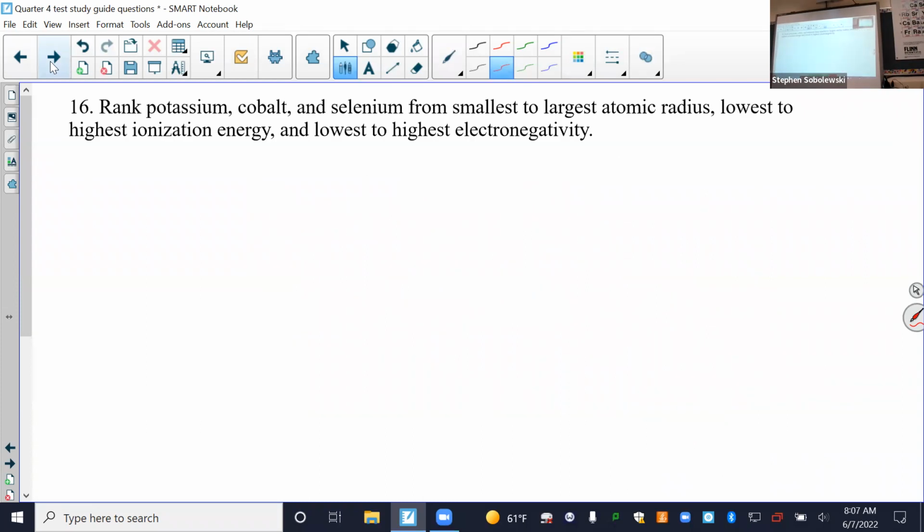Question 16. All right, so we have trends on the periodic table. So the first trend we're looking at is potassium, cobalt, and selenium. So potassium is number 19, cobalt is number 27, so Co here, and selenium, Se, is 34, and these are all in a row. I purposely picked them to be in a row, and I should say they're in the same period. So let's look at the trend from left to right across one period of the periodic table.